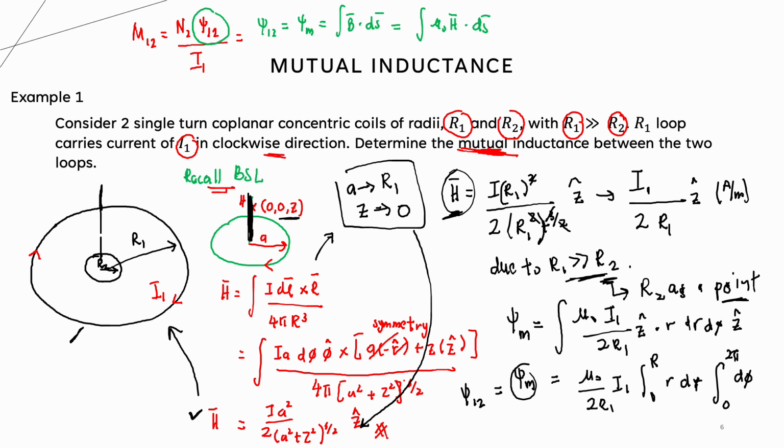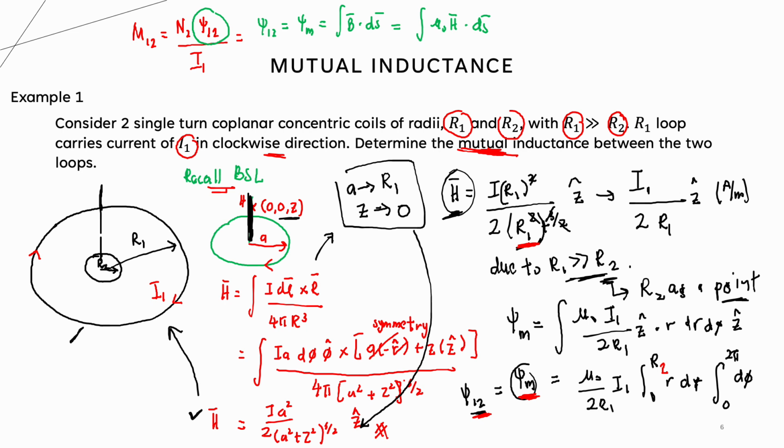Since the source of our H field is R1, the flux linkage here will be from 0 until R2. It cannot extend to R1, because then there would be no mutual inductance.